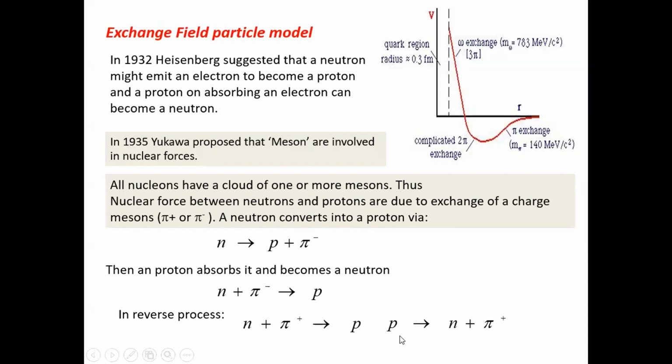So a proton can decay into a neutron and a pi plus. This kind of exchange and these equations and the proposal became really a matter of fact when the mesons were discovered and their properties were detected, then Yukawa's theory was taken very seriously.